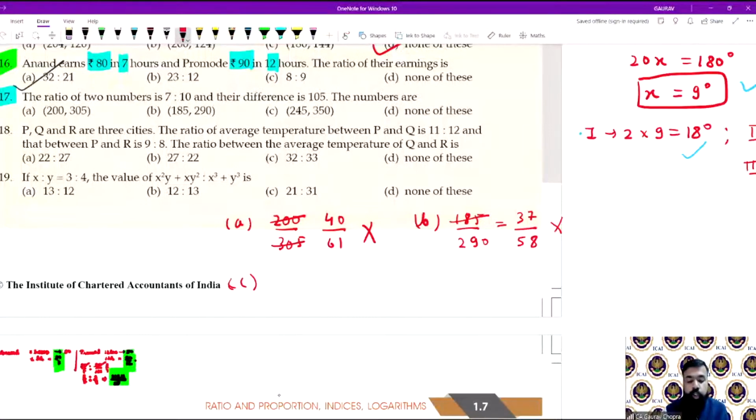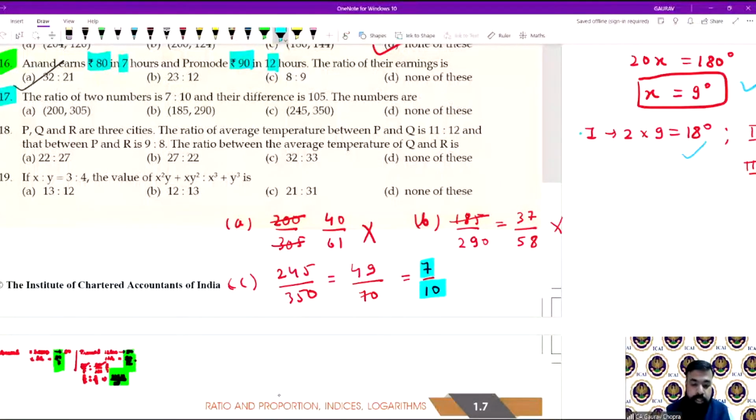Then the next one is option number C, 245 by 350. Again, we can cancel using 5. How much are we getting? 49 and here 70. It can be cancelled further using 7. So it becomes 7 by 10. Yes, this time we are getting 7 upon 10.